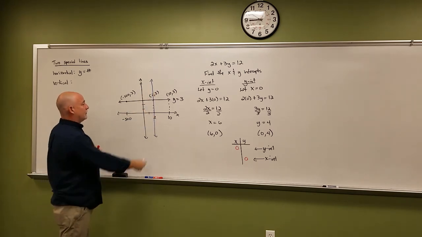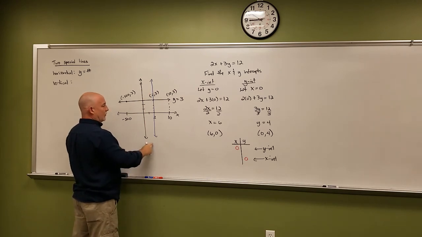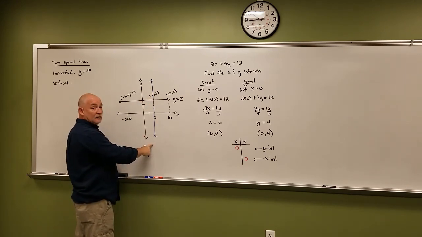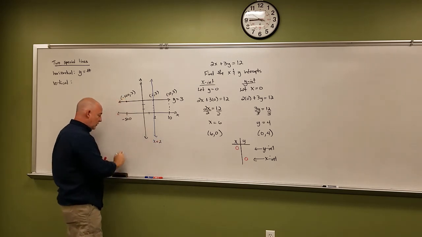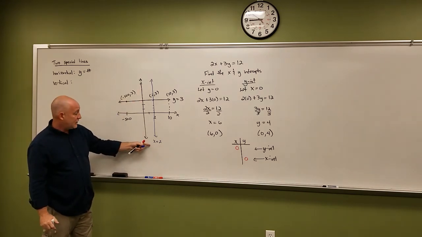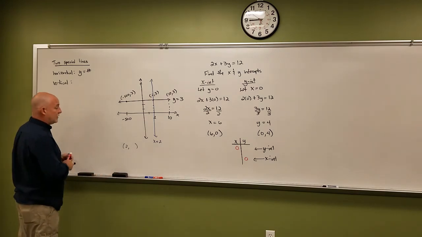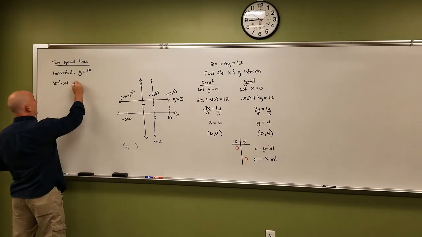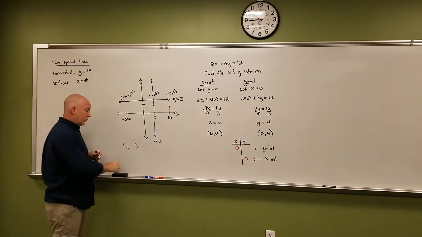All right, so on this line, this vertical line here, if you think about it here, for every point on this line, the x value is going to be 2. Doesn't matter what y value it is, the point's always going to be 2 comma something, right? So since it doesn't matter what y value we're at to pick out what x value it is, the equation doesn't need any y's. So the best way to write the equation for a vertical line would be just x equals a number.